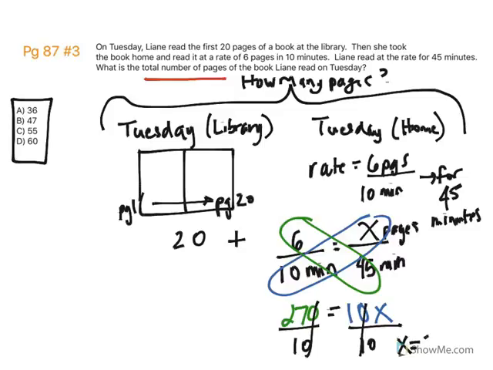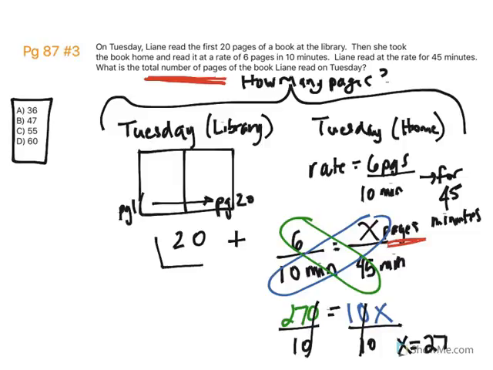We get x equals 27. Now remember, x is pages. We looked up at the question above. Our answer is going to be a total number of pages. Okay, so this 27 represents the number of pages that she read in 45 minutes.